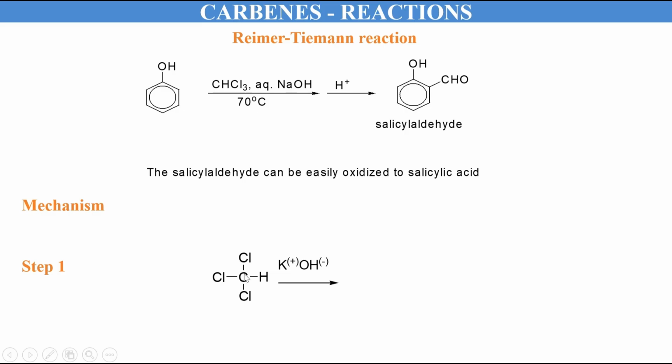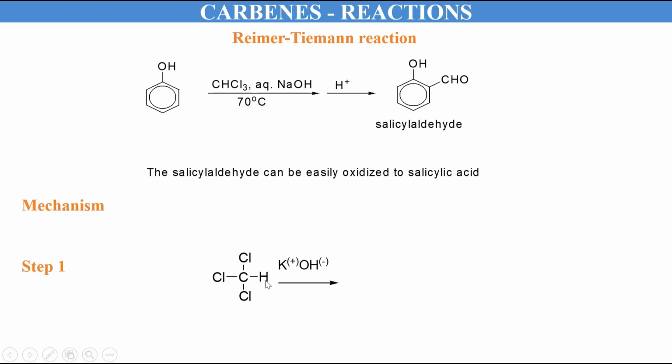With a lesser amount of electrons, it is holding the hydrogen weakly, which means the carbon-hydrogen bond is weak. As it is weak, it is acidic enough to lose the proton, and a base like potassium hydroxide is basic enough to accept a proton. As we know, the base is a proton acceptor and acid is a proton donor.